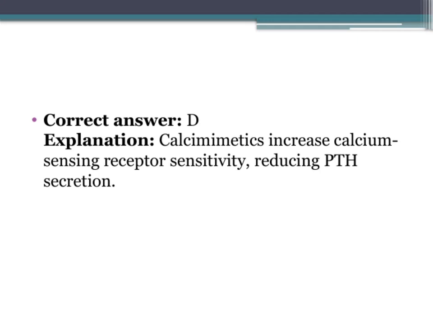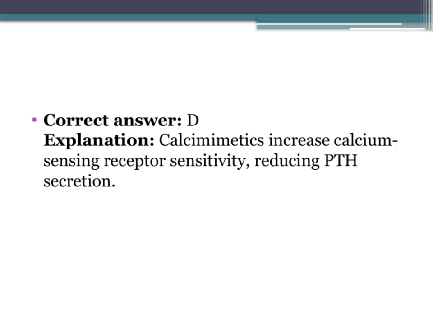The correct answer here is D. Let me explain why. Calcimimetics work by increasing the sensitivity of the calcium-sensing receptor, which is located on the parathyroid glands. When these receptors become more sensitive, they detect calcium levels more effectively, which in turn suppresses the secretion of parathyroid hormone, or PTH.